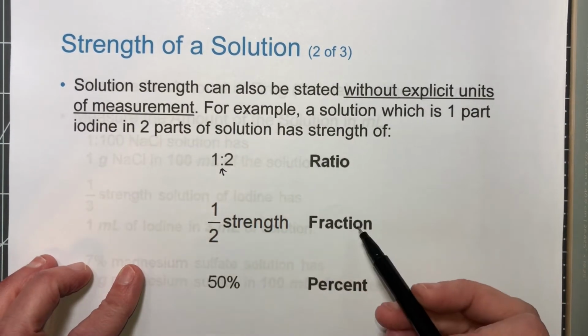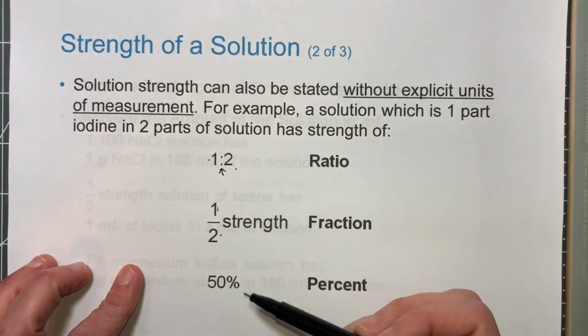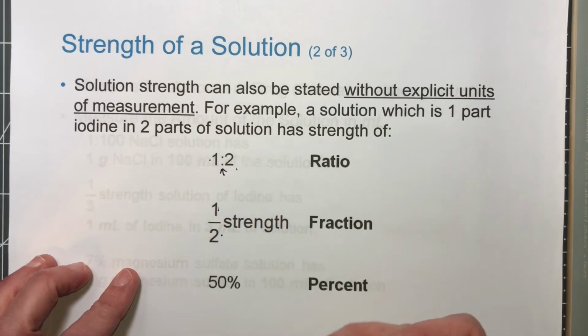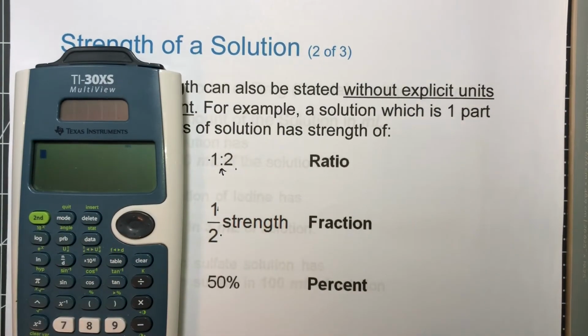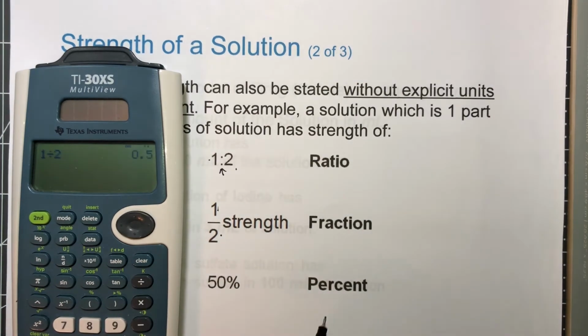1/2 strength as a fraction. Notice this number is here, this number is here. And generally, when we're looking for the strength, we look for it in lowest terms. Okay? And then to find the percentage, all you have to do is divide.